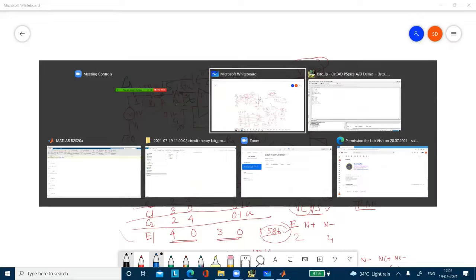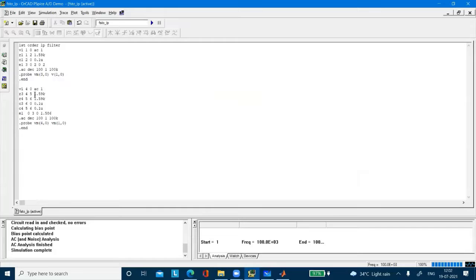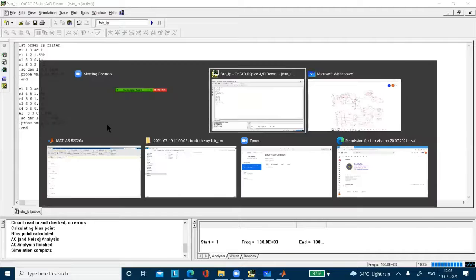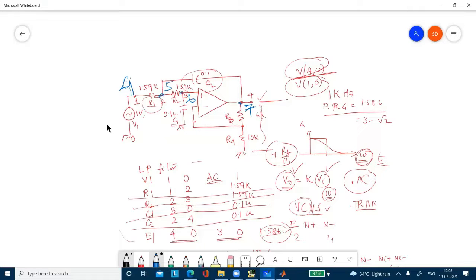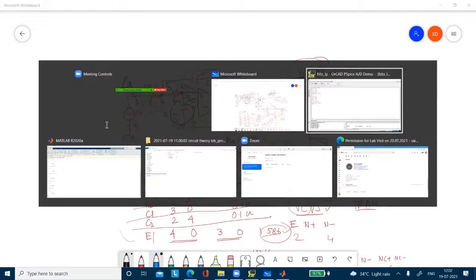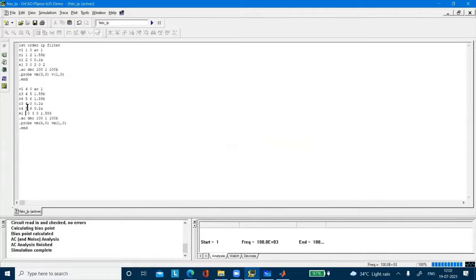Now the capacitors: one capacitor is 60 and this one is 57. This one is 60, this one is 70.